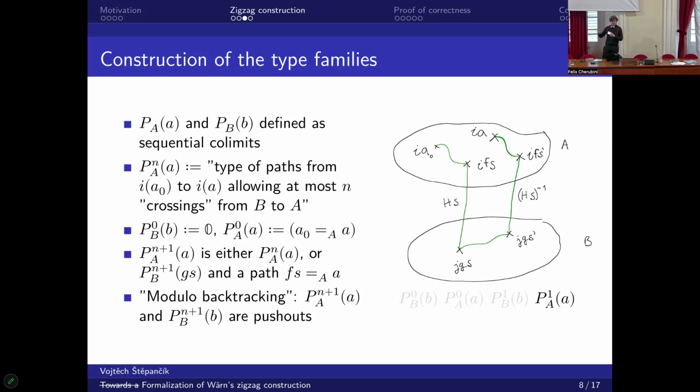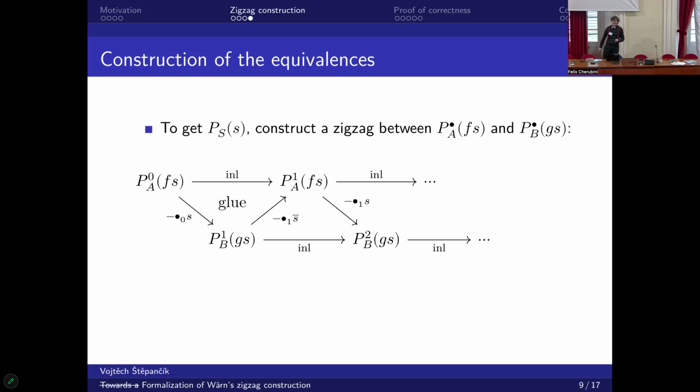And then we just take the sequential colimit, and that gives us the two type families PA and PB. And how do we get the necessary family of equivalences? Well, we construct what's called a zigzag between those two sequential diagrams.